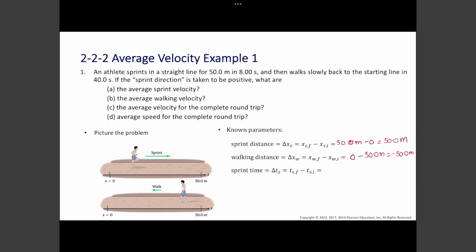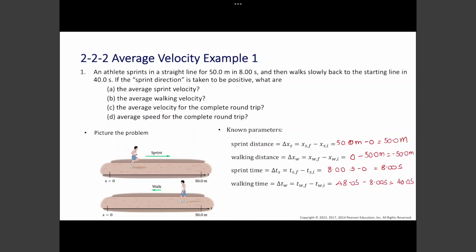Now the sprint time is final minus initial, which is 8.00 seconds minus 0, equal to 8.00 seconds. And the walking time is the total time, 48.0 seconds, minus 8.00 seconds for the sprint time. Because of that, we get walking time as 40.0 seconds. Actually, the value is given in the problem itself.